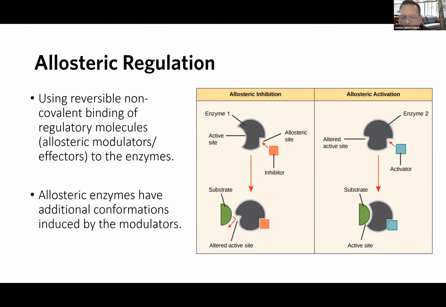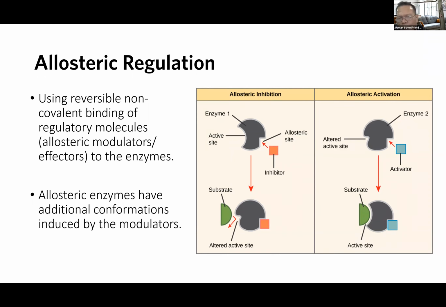After attaching of this inhibitor to the enzyme, the conformation of the active site will change, then the substrate could not attach to the active site. Then in that case, the reaction is blocked.